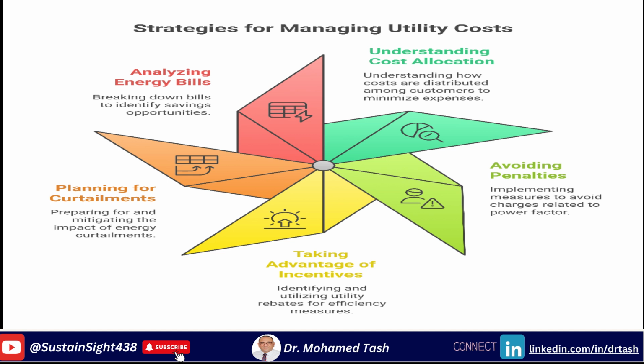Large energy consumers can avoid penalties by understanding power factor charge and implementing corrective measures. Taking advantage of incentives. Some utilities offer rebates or incentives for implementing energy efficient measures and load management programs, and an understanding of the utility rate structure will help to identify such incentives.